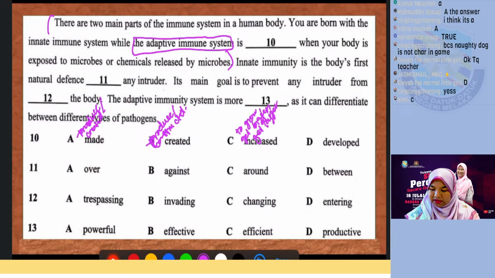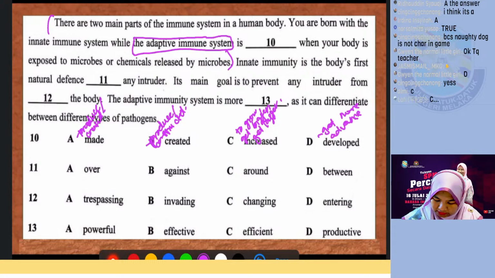What is the meaning of develop? Anyone know? Do you have a dictionary with you? Develop here means it gets more advanced, or evolves, or in simple terms, becomes useful.